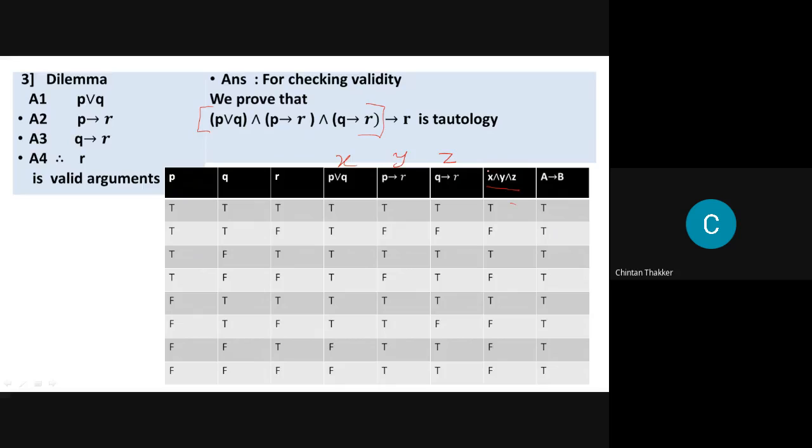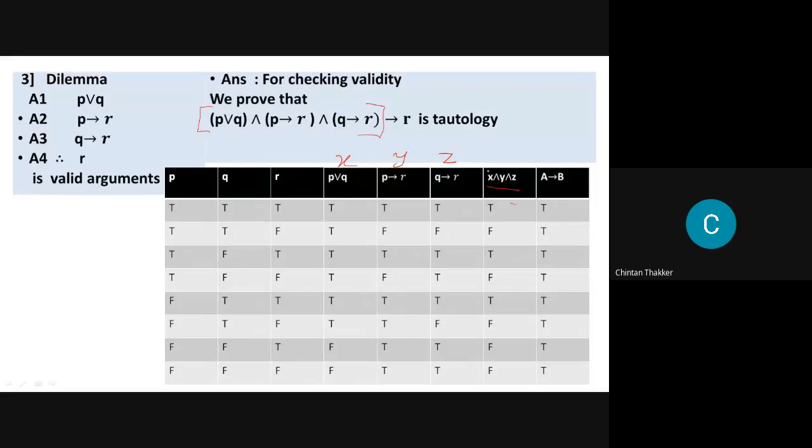Since we are taking two statements with one operator, but here we take three statements with an operator, both operators are the same, both are AND, so we can write the value of x and y and z directly.